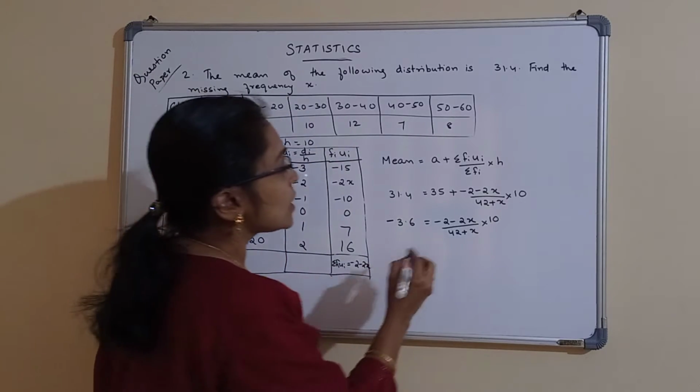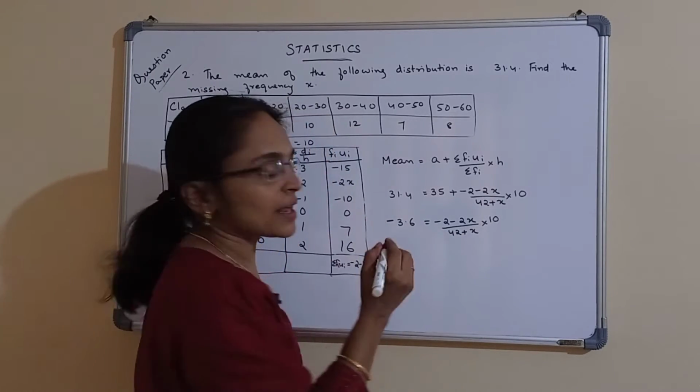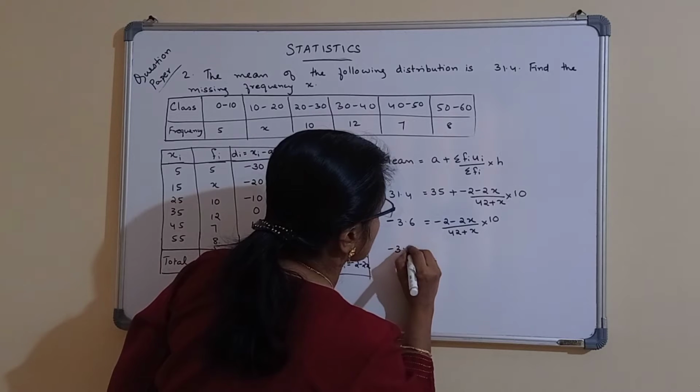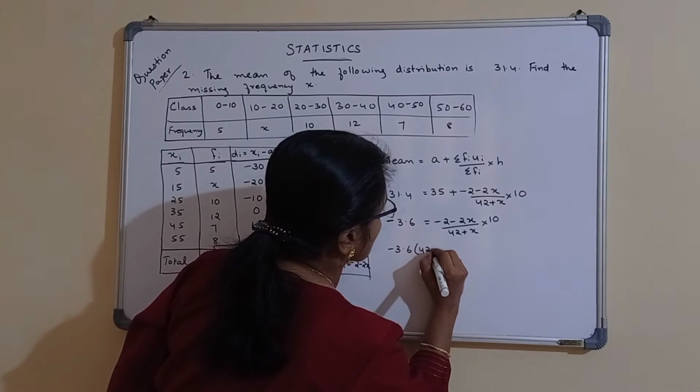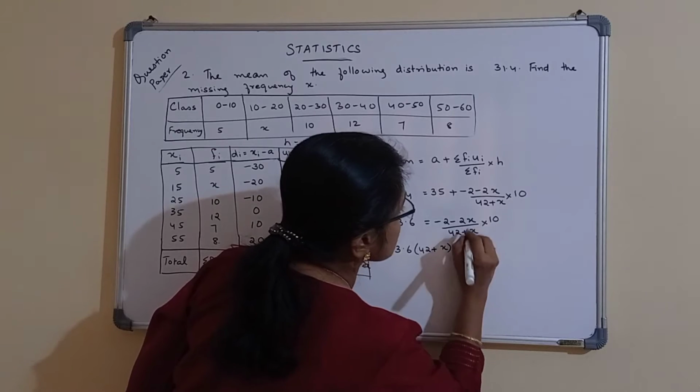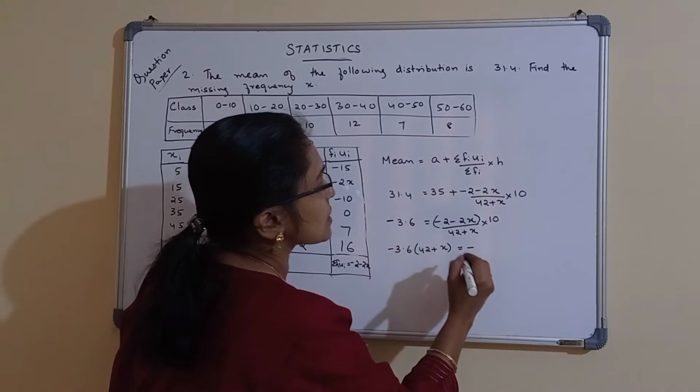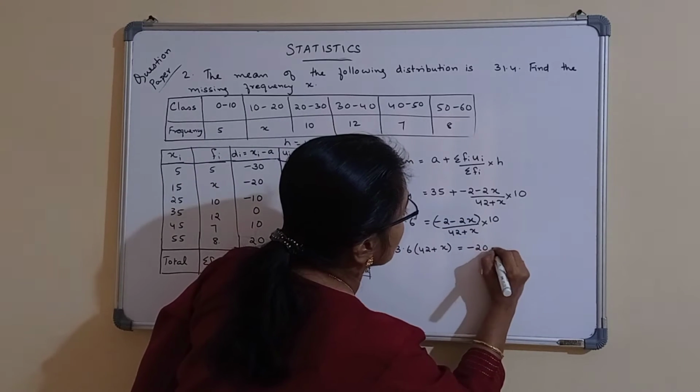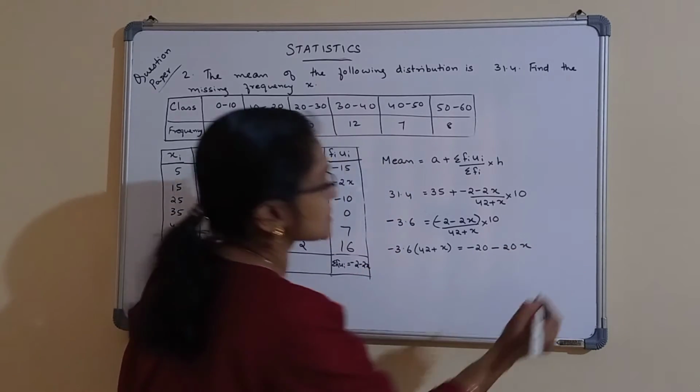Right? Now, we can take this to the left hand side. So, it will become minus 3.6 into (42 plus x) equal to minus 20 minus 20x.